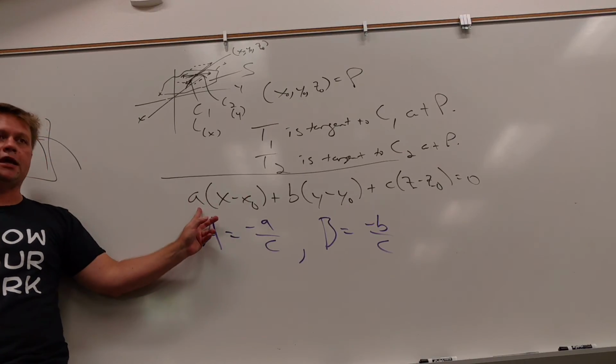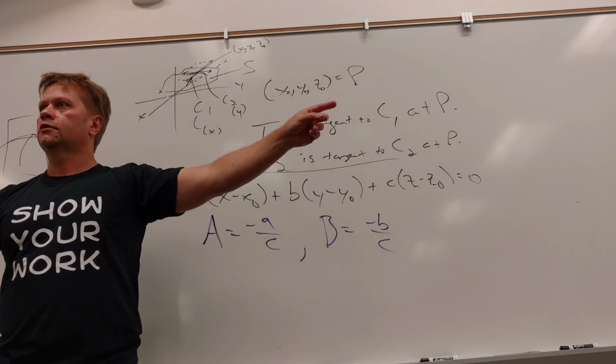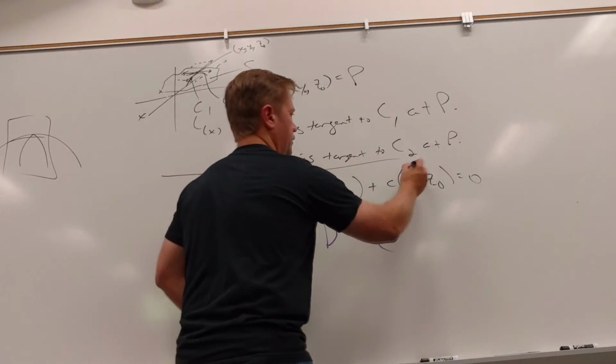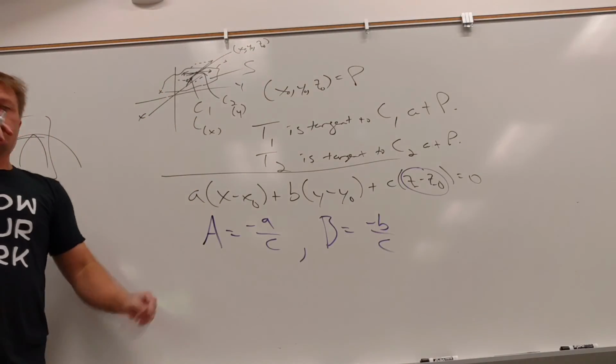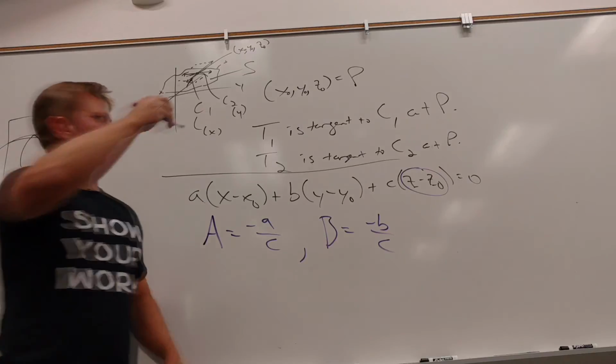I see an A; how do I make it negative A? Probably subtract it to the other side. How do you solve for this? You subtract it over, and you divide by C. So you would get this.